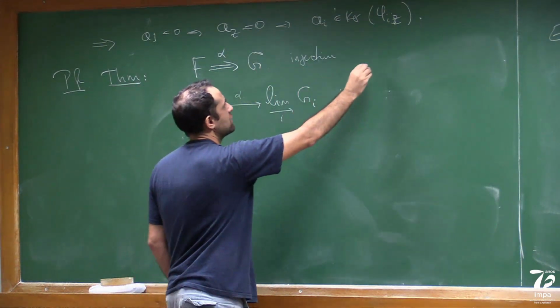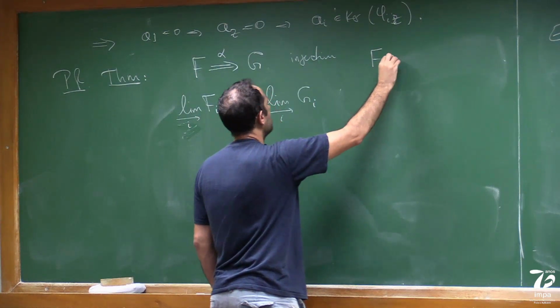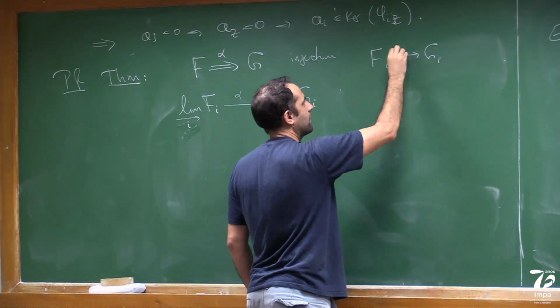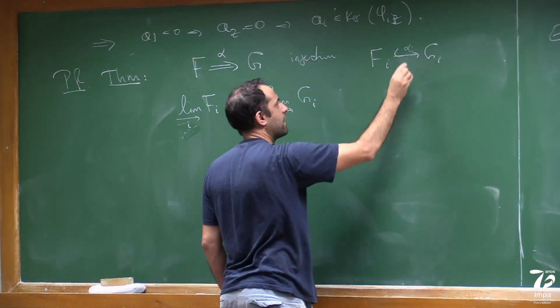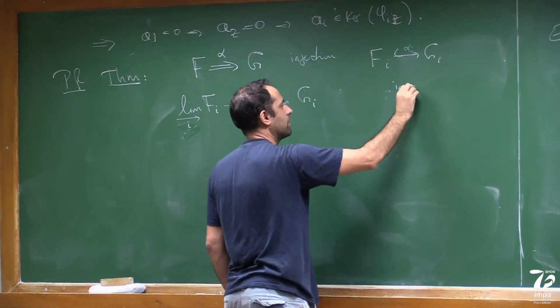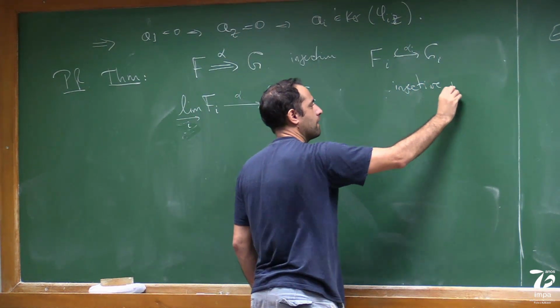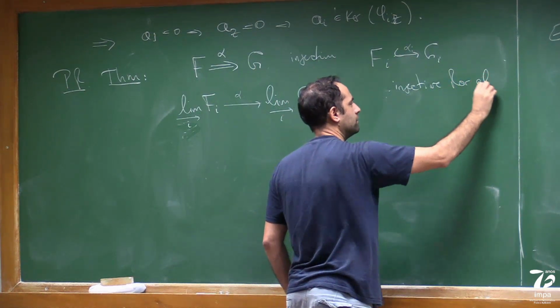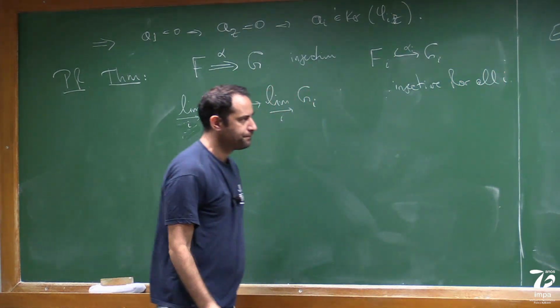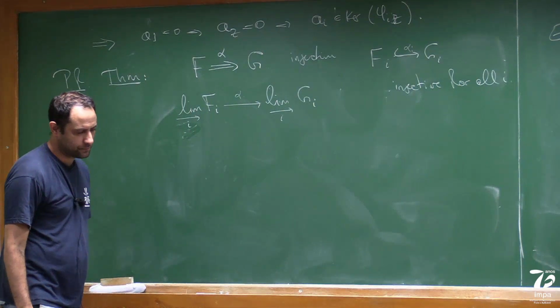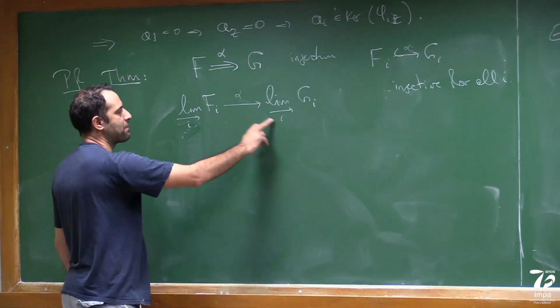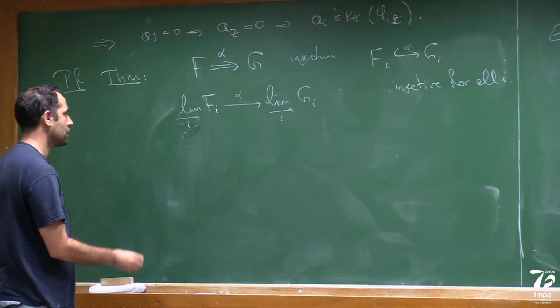The fact that this was an injection is the fact that we had this map injective. Alpha I is injective for all I. So I want to prove that this map here is injective.